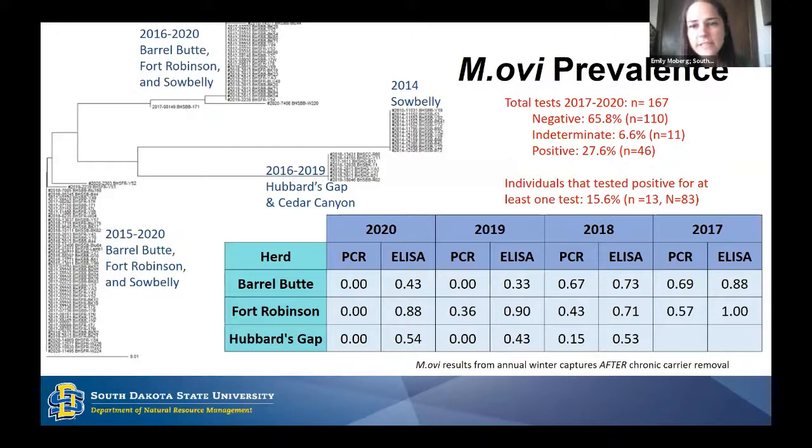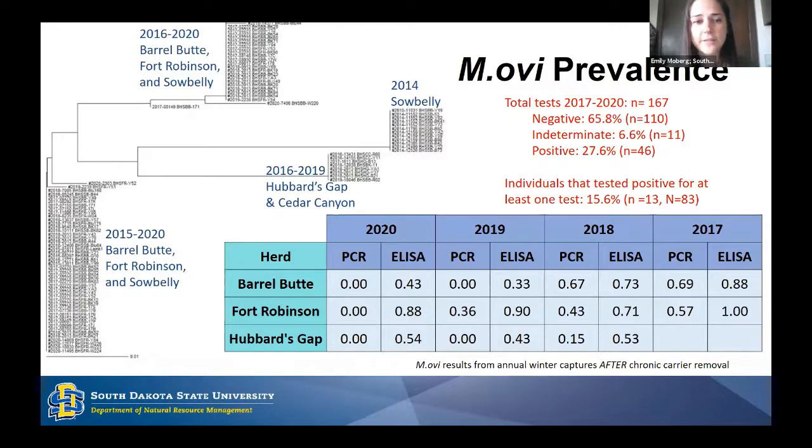So this sheet kind of explains the prevalence of MOVI in our herds. As you can see, in 2017, it was pretty high. As we continued with our testing, it still remained high in 2018, but in 2019, we were successful in removing MOVI from our Barrel Butte herd.